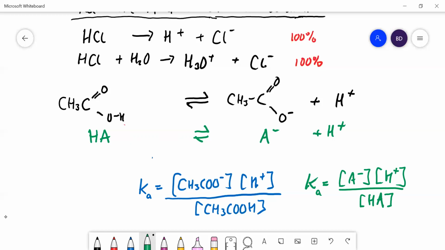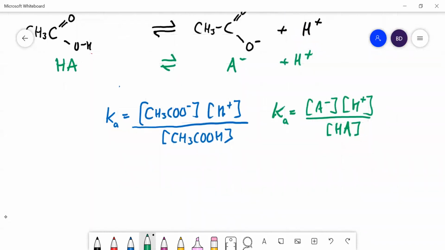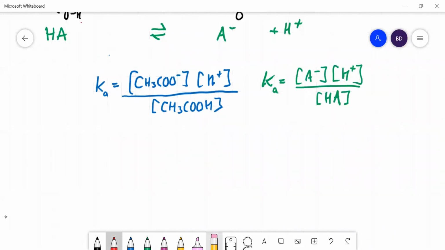Now let's have a think about some values of this. If you look at Ka for ethanoic acid, CH3COOH, what is the value of Ka?